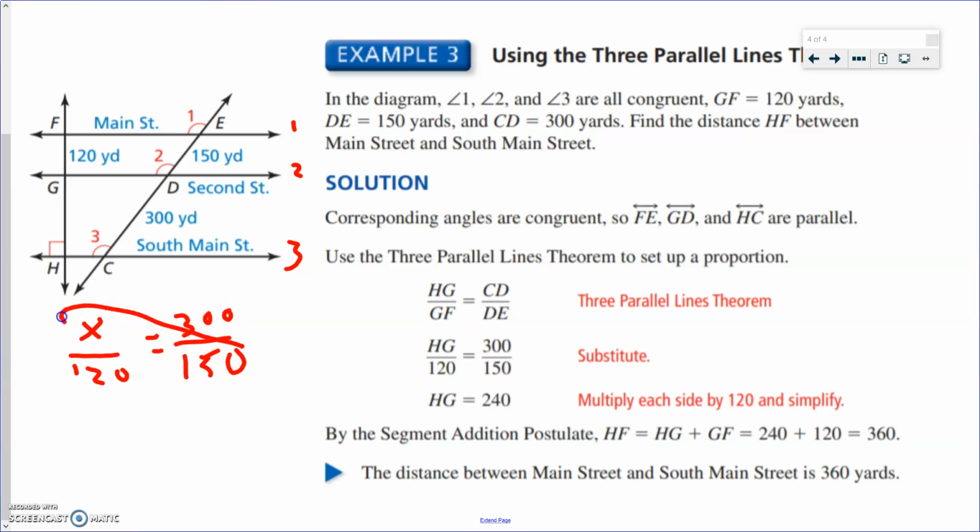And from here, we can do our butterfly, once again, to solve for x. And then we'll find out that HG equals 240. And then we add the 240 plus 120 to get 360, because they want the whole value from here to here.